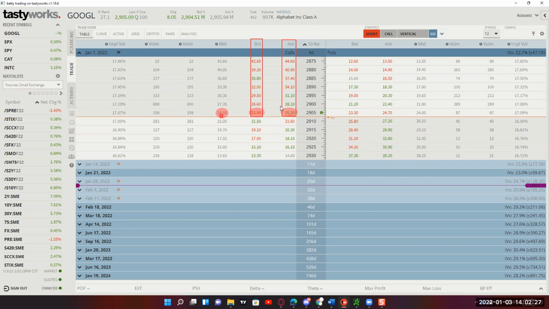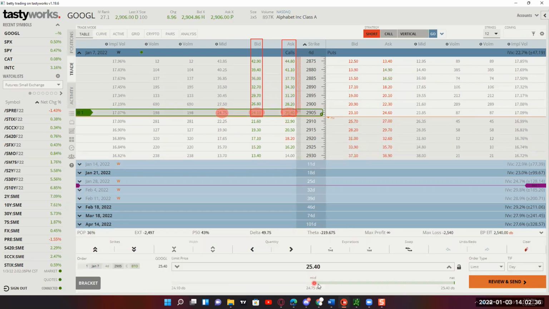That's a $60 slip. Okay, so if you just hit the buy button and you try to buy this at 25.40, one of the institutions like Susquehanna, they're going to sell it to you. You're the buyer, you want in, you hit buy, you pay $25.50, they sell it to you.